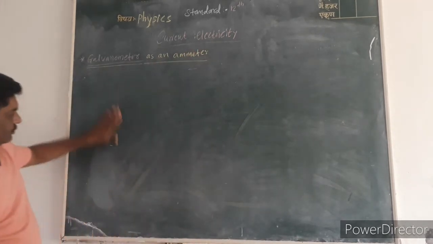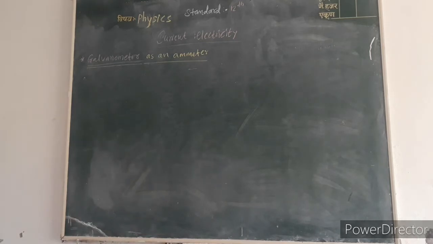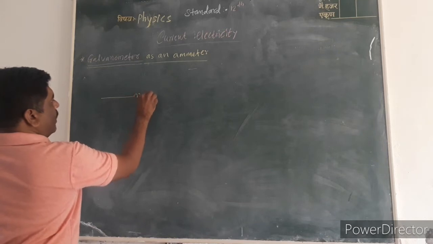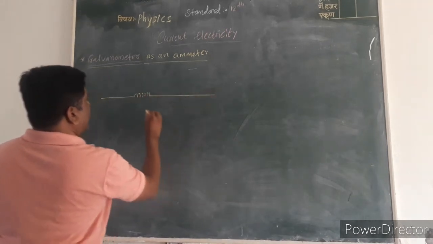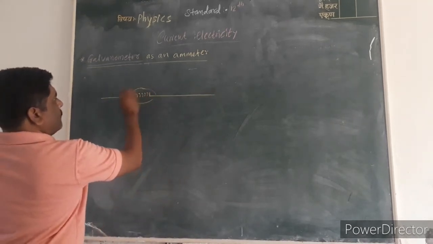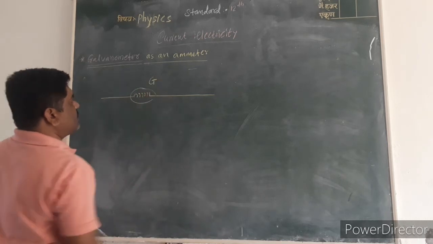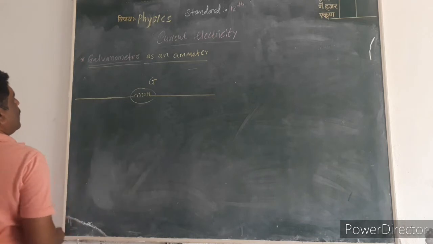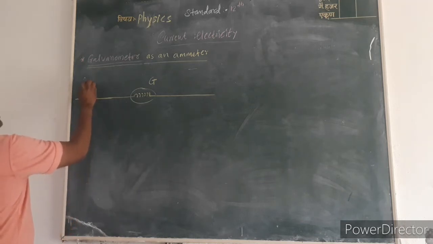Let the coil of galvanometer, suppose whose resistance is G, and I is current passing through it.